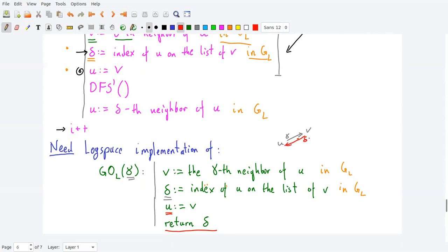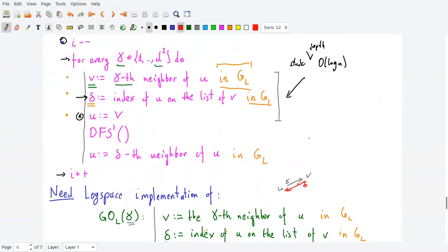Good. So this is a macro, let's say, that is needed to implement this. I could take all these 3 lines and replace them with go L gamma, because this is exactly what needs to be done here. But the nice thing is that I can implement this part also using the macro go, go L delta.